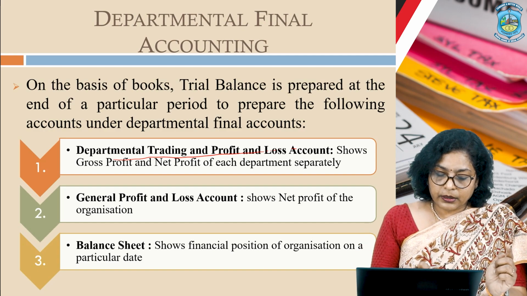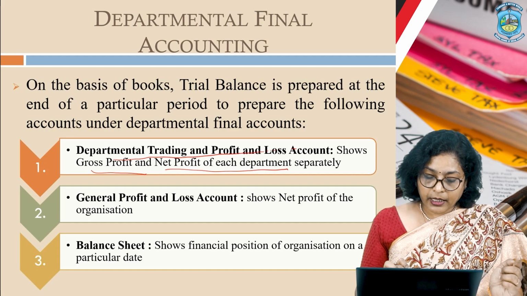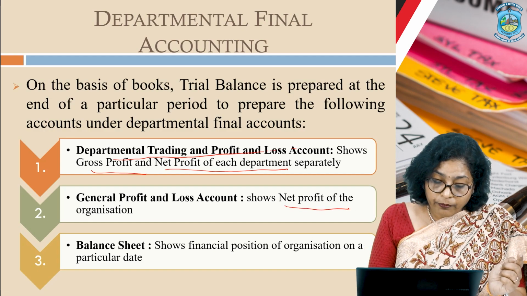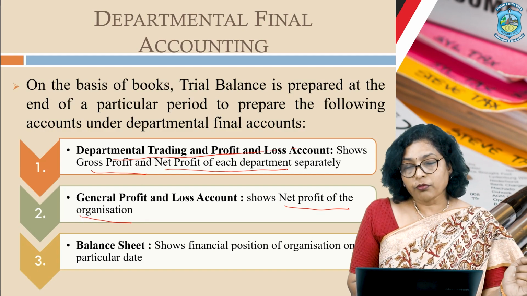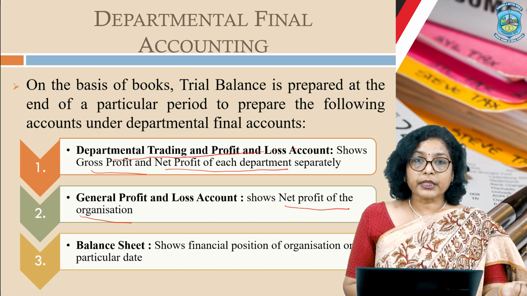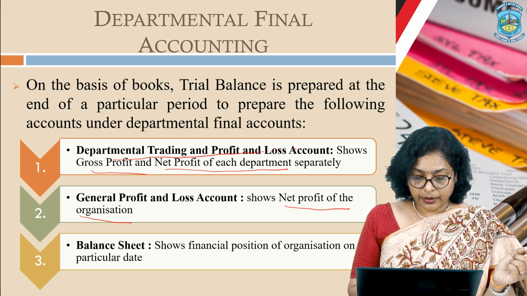It discloses the gross profit and net profit of each department. The second is the general profit and loss account, which discloses the net profit of the organization. Then the third is the balance sheet, which shows the financial position of the organization. It means the assets and liabilities which are held by the organization at a particular date.